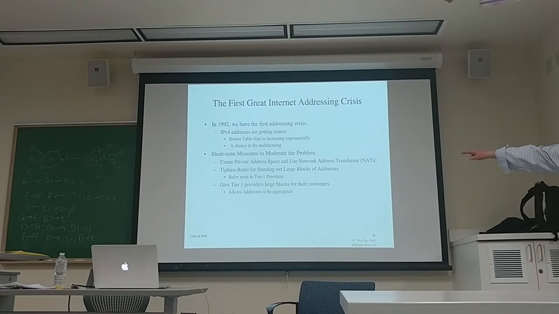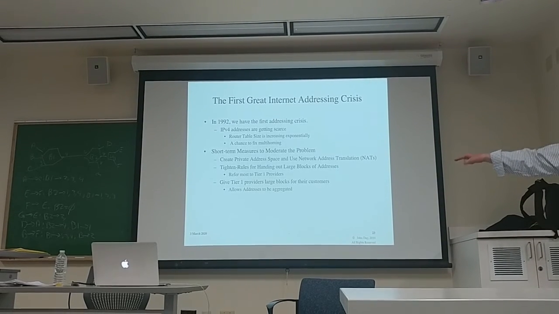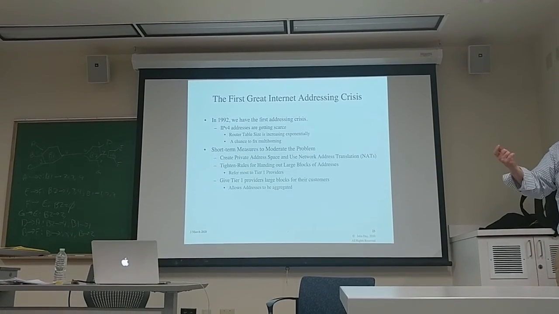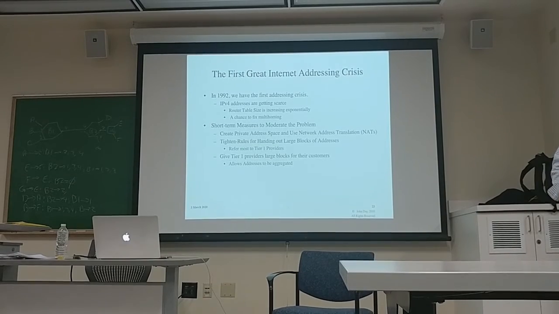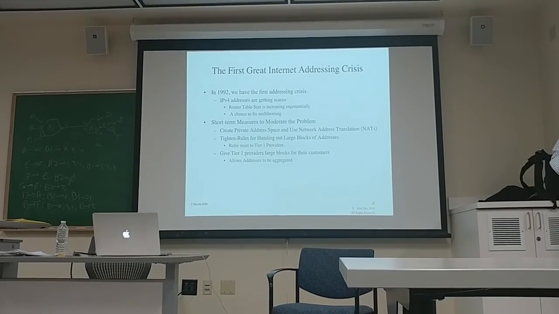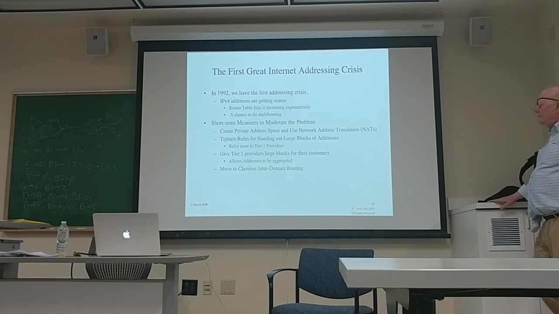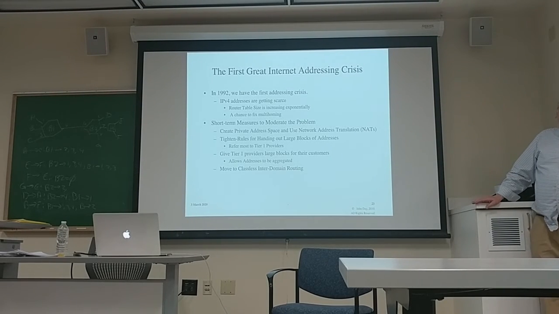But now, I can look at a prefix, know that it is a prefix for Verizon, and route it to Verizon and let him worry about where it is. It becomes location dependent. It becomes an address. We moved to classless interdomain routing, which essentially is what the masking stuff is all about. Instead of having Class A, Class B, Class C, we can now put the boundary anywhere we want.